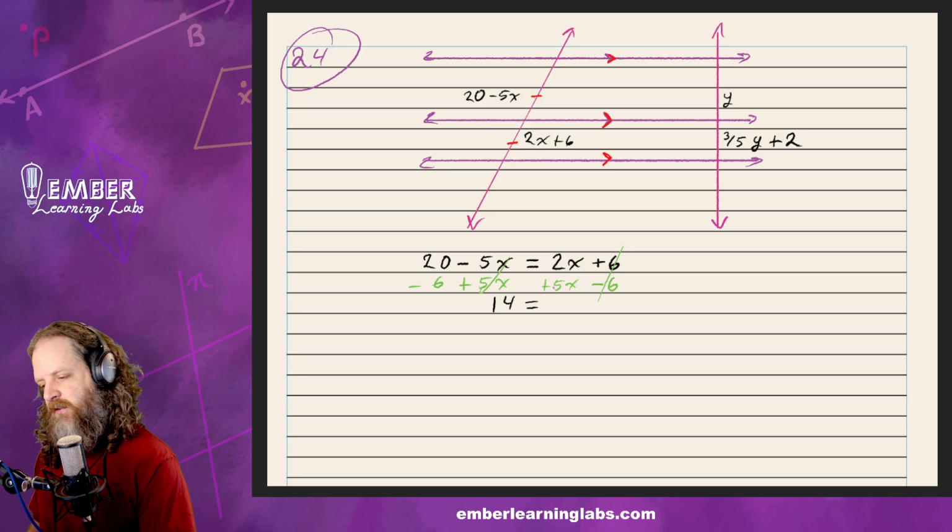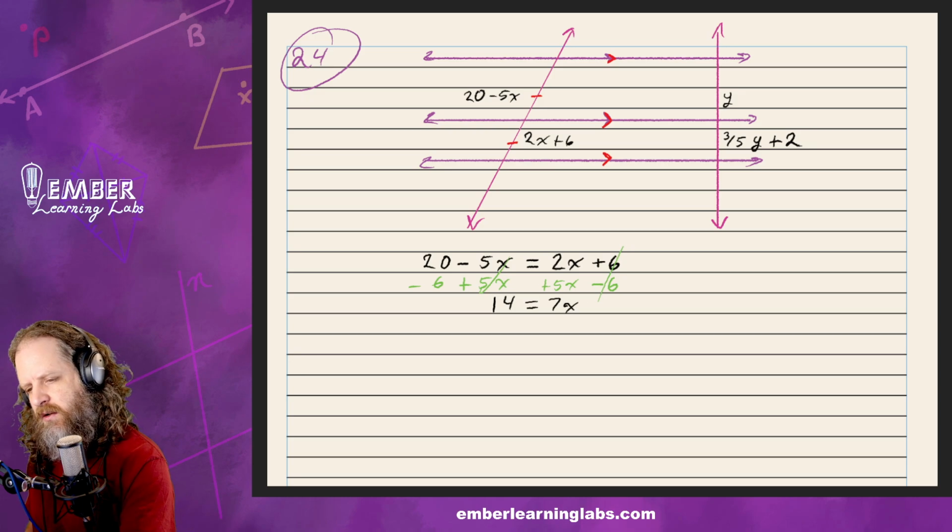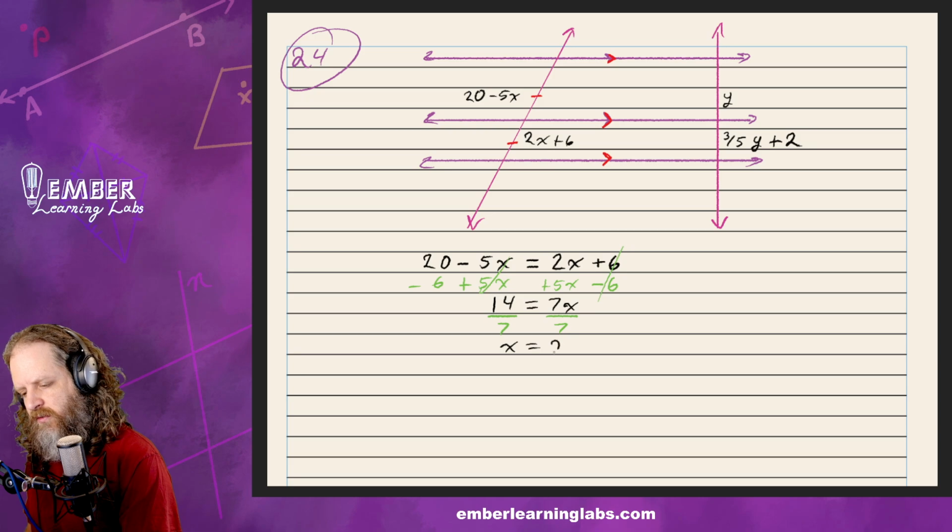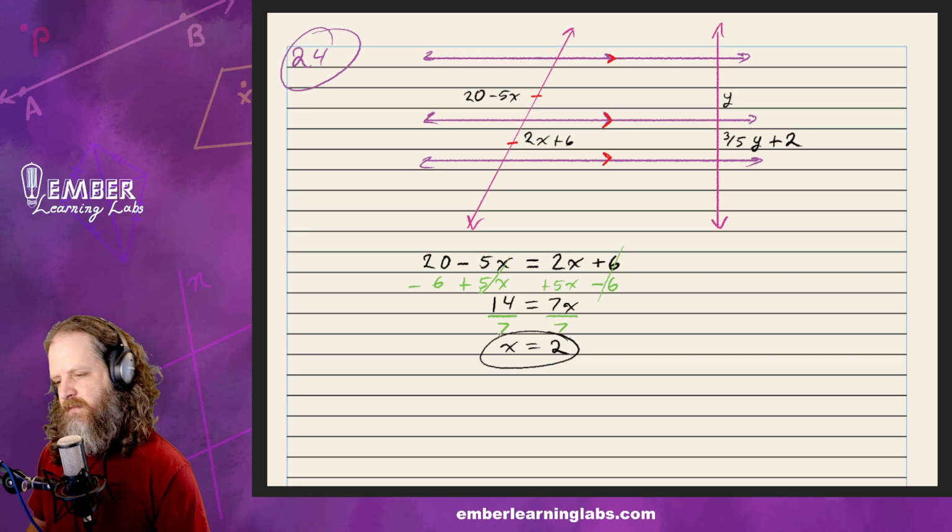And then 2x plus 5x is 7x. Now what? Divide by 7. We end up with x equals 2. Right? Now what about the y?